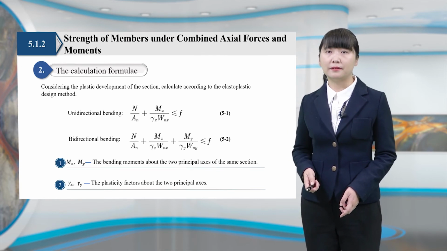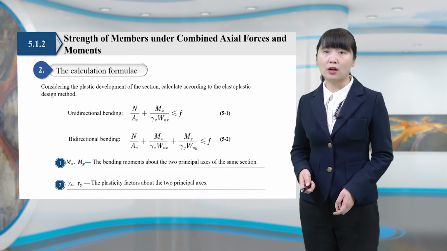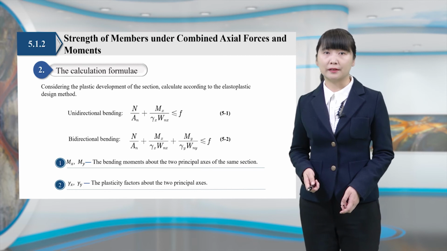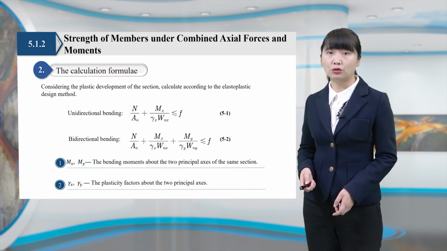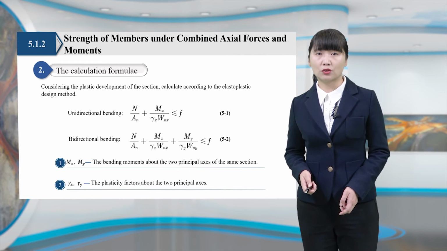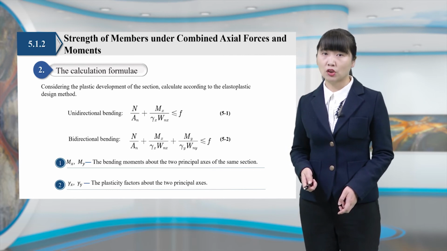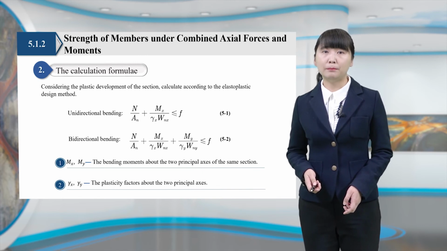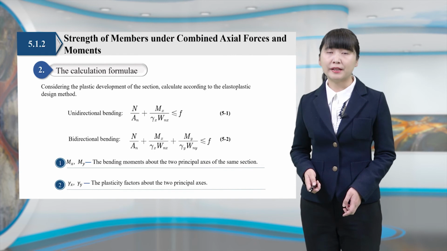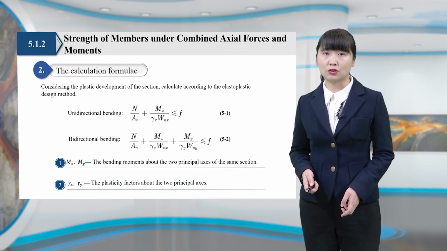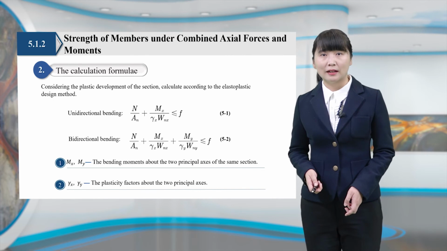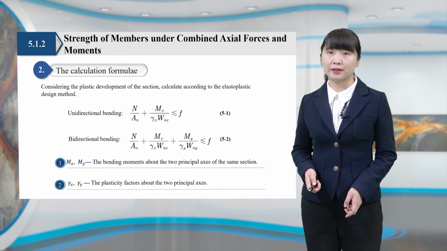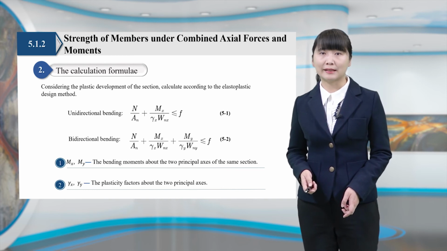Here, AN is the net cross-section area of the check section, and WNX is the net cross-section modulus about the cross-section principal axis of the check section. MX and MY are the bending moments about the two principal axes of the section, while gamma X and gamma Y are the plasticity factors about the two principal axes.